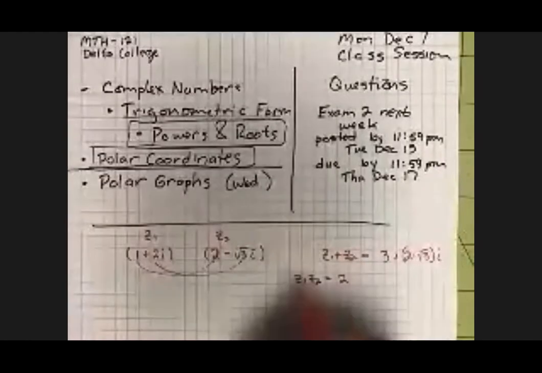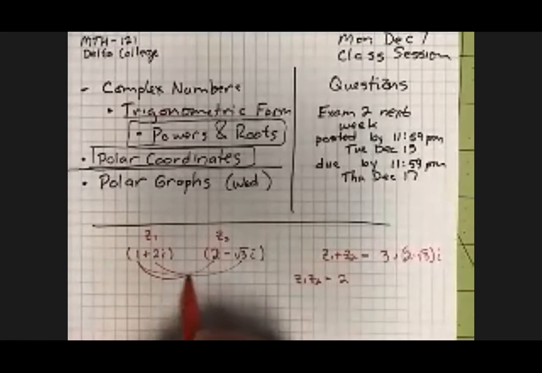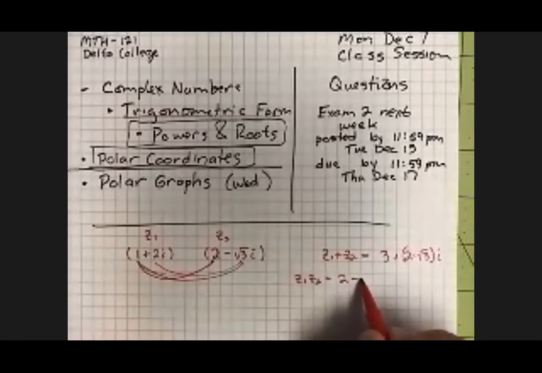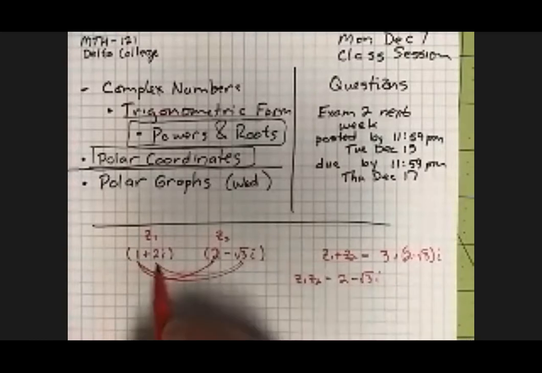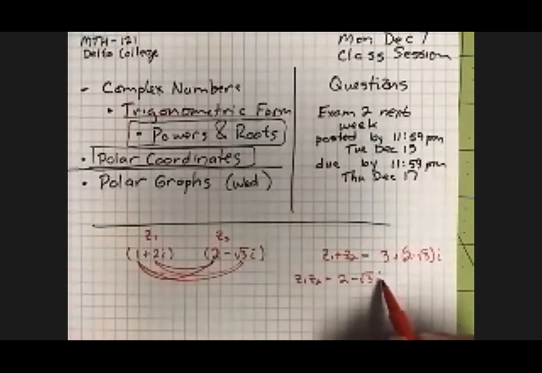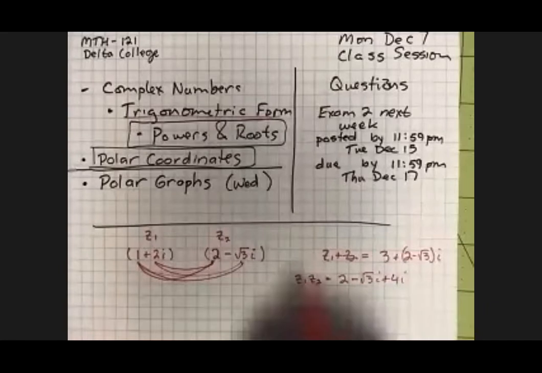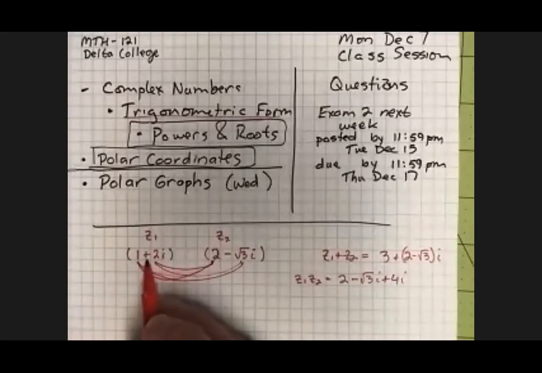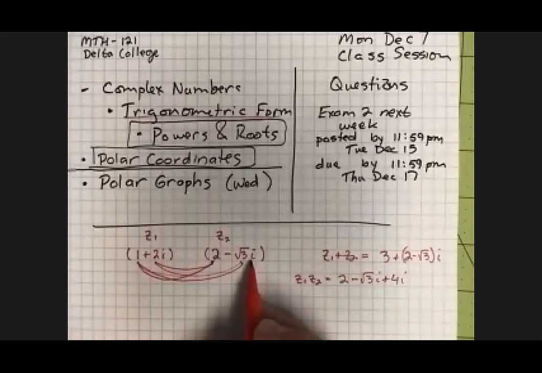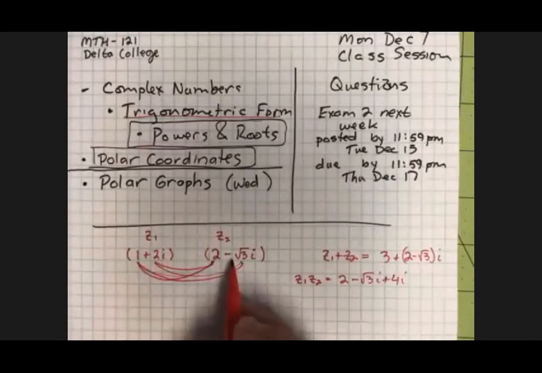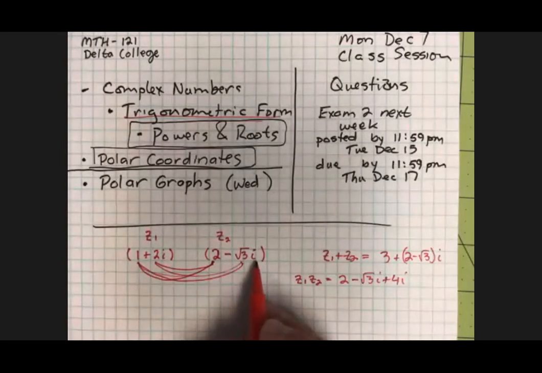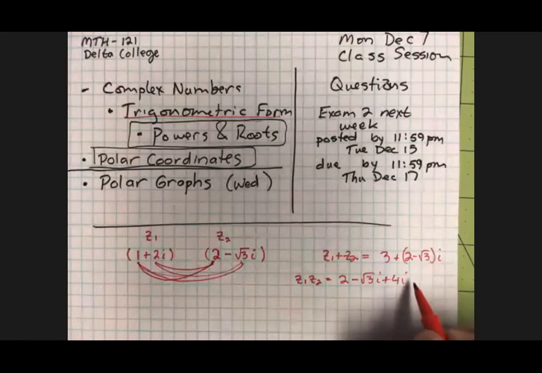So I get 2, and I get minus root 3i, and I get plus 4i, and then I get plus 2i times minus root 3i. So plus times minus is minus 2 root 3 i squared, but the i squared is negative 1. So this is plus 2 root 3.